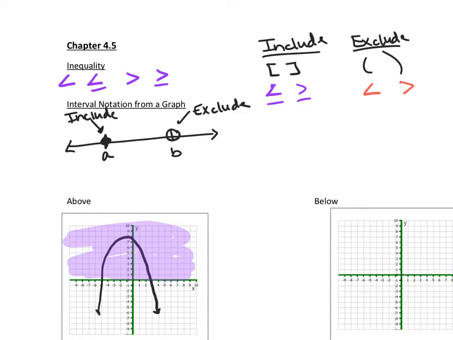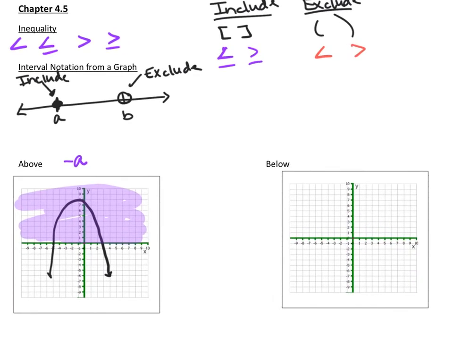On that number line, if A is negative, we get a maximum on our quadratic. So when A is negative, we're always going to be above when we draw our quadratic. We draw the number line, and we draw the actual quadratic where it's intercepting the x-axis. If it's below, that means that my A value was positive. If my A is positive, I go below the graph like this, and I get another quadratic.